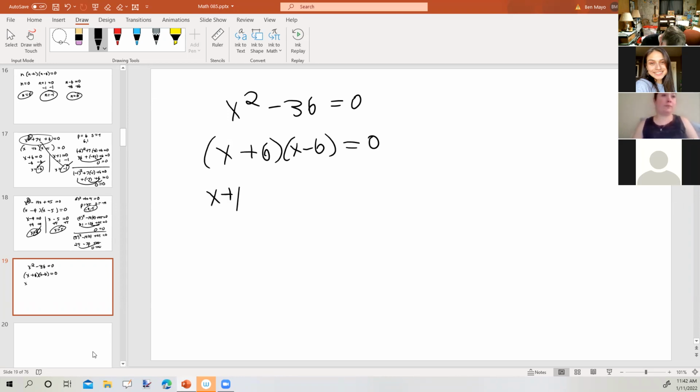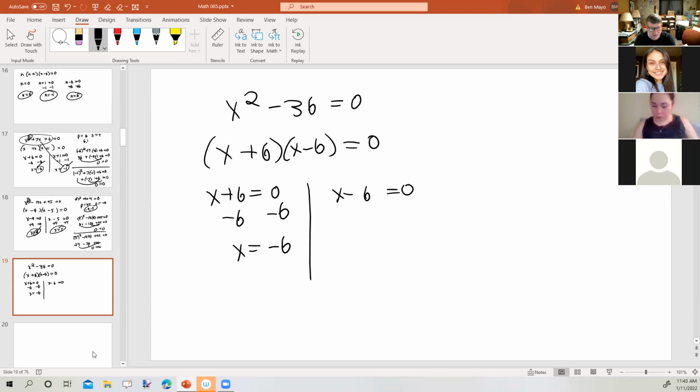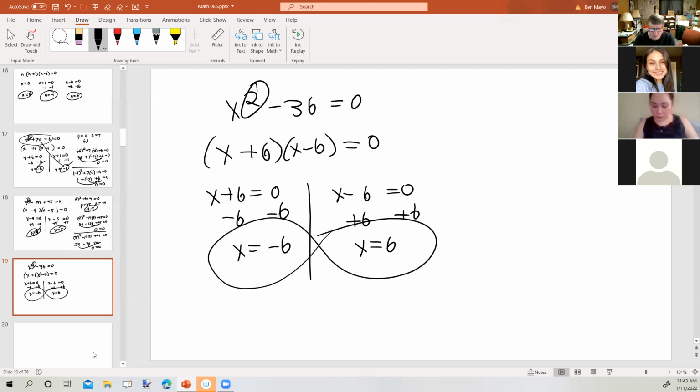So then x plus 6 equals 0, x minus 6 equals 0. If x plus 6 equals 0, subtracting 6 from both sides, x is negative 6. If x minus 6 is 0, adding 6 to both sides, x equals 6. So again, two solutions to a second degree equation.